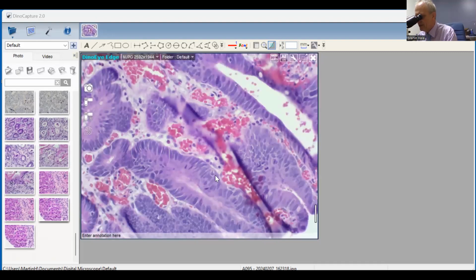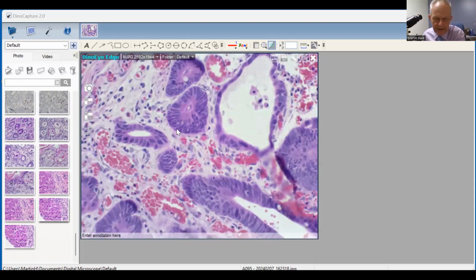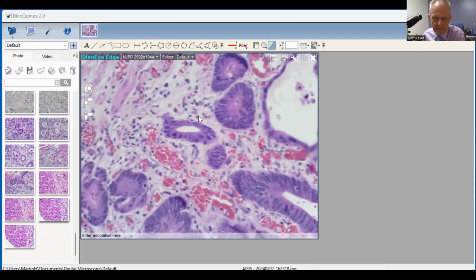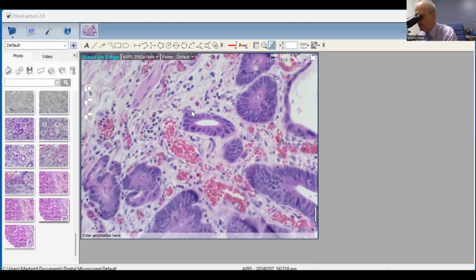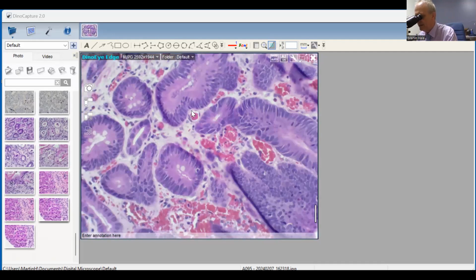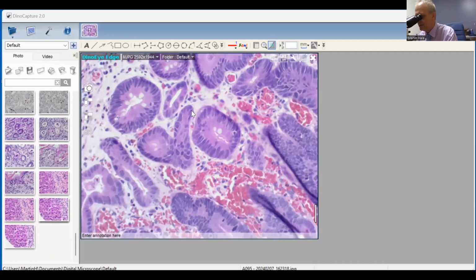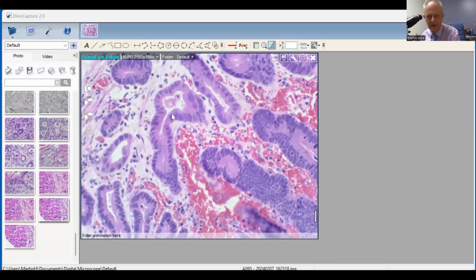So for example, if we look at this crypt here, you can see that there is blurring of the interface between the epithelium and the lamina propria. So that would be early infiltration of the lamina propria by the tumor, by malignant cells. If you look at this gland here, this is starting to look a bit irregular. You're starting to see blurring there.